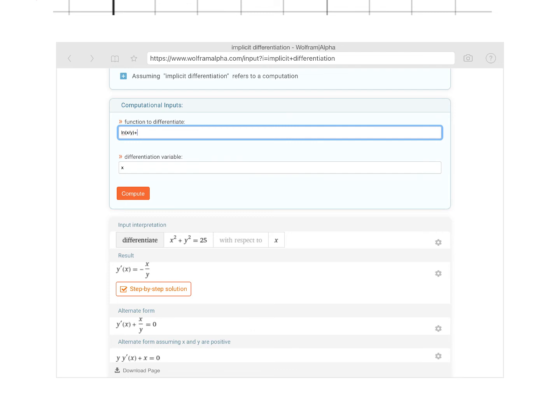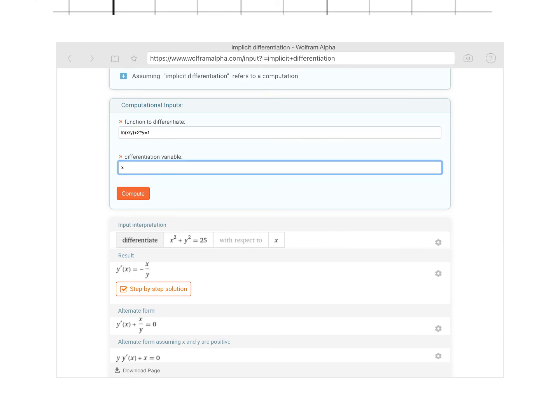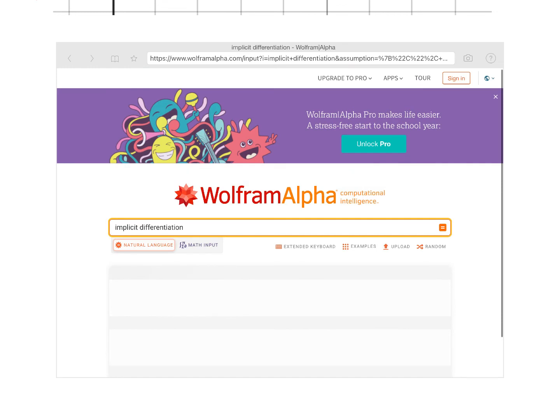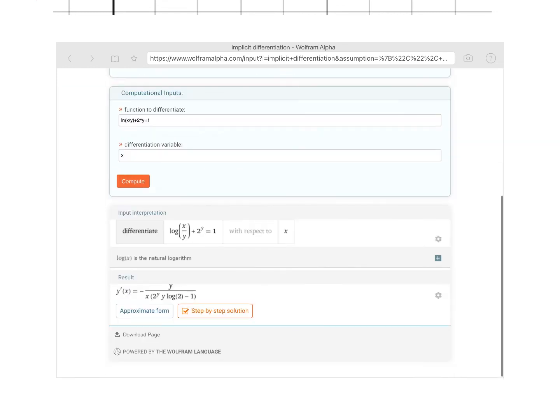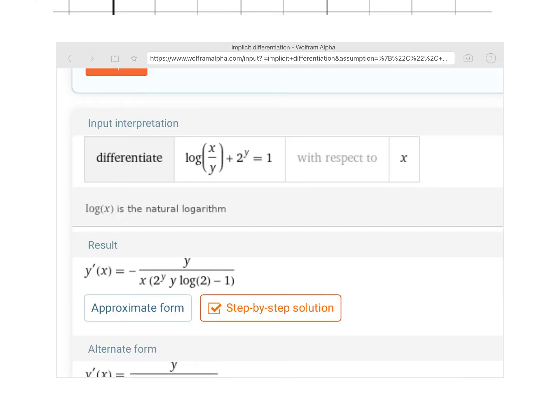It was plus 2 to the y. There's my exponent, there it is, equals 1. And differentiation with respect to x, hit compute. Okay, and if we look, that looks like pretty much the same thing I have, except they took a negative out here.